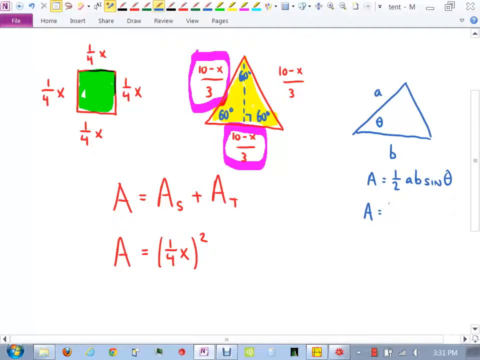Therefore, this formula becomes 1/2 AB sine of 60 degrees. So area is 1/2 AB sine of 60, which is √3/2. So you get √3/4 AB is the area.